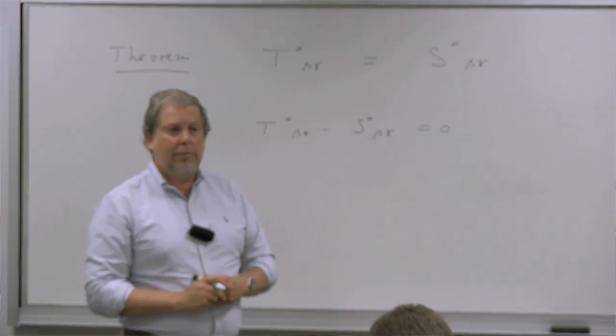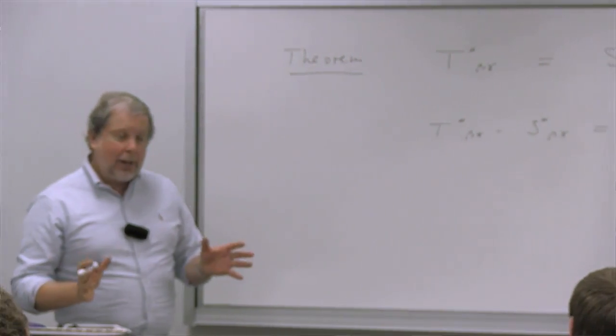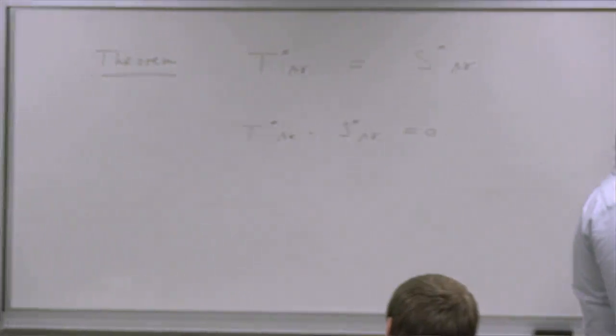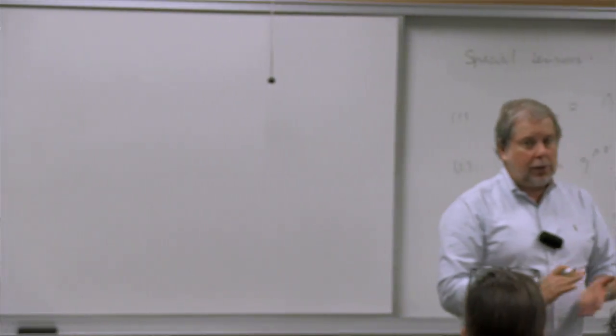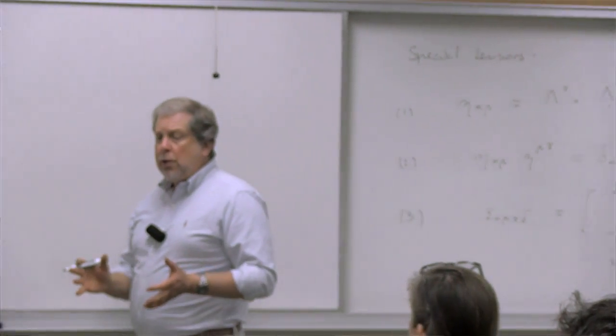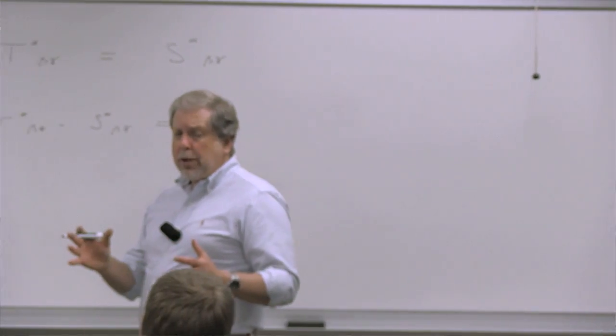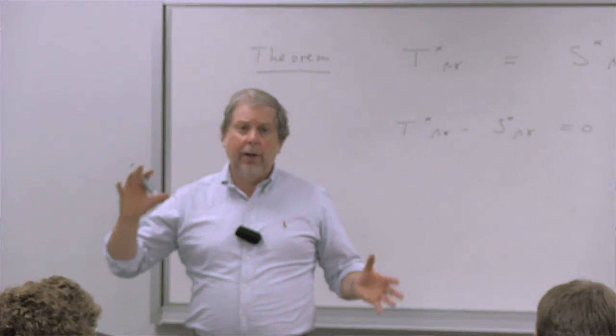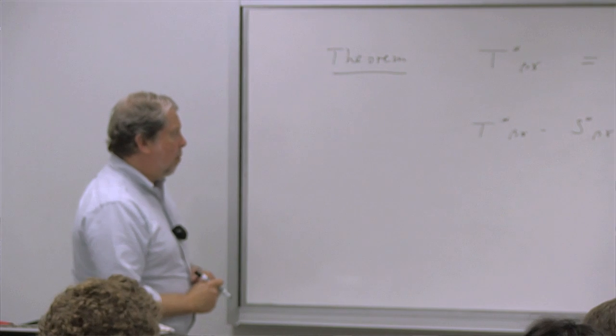And that's the importance of being a tensor. If you're not a tensor, then that's not going to happen. So the central meaning of a four-vector, four-tensor, and so forth is that out of those objects, you can construct things which are invariant. You can construct equations that will be valid in any reference frame, because of transformation properties of tensors.